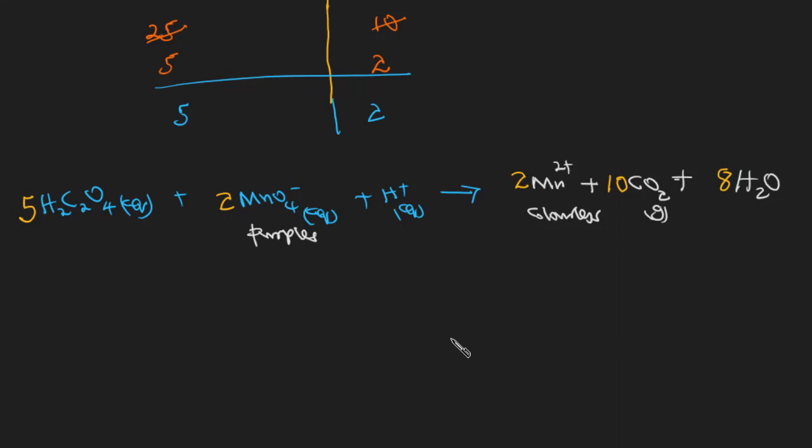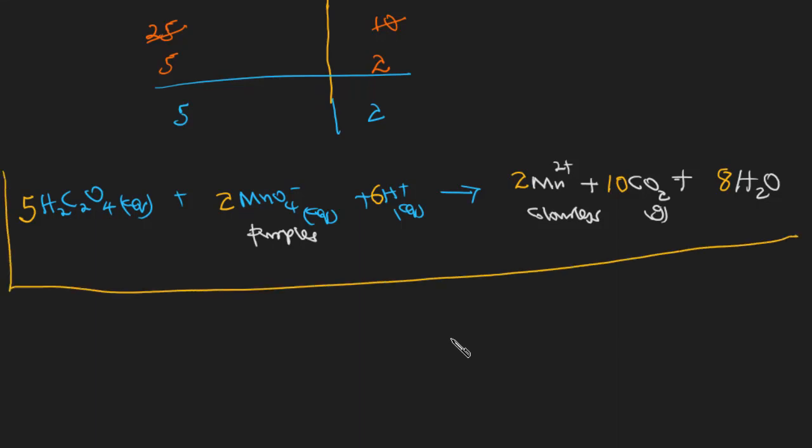There are 16 hydrogens on the right hand side. On the left we have 10, so remaining 6. So we multiply hydrogen ions by 6, and with that we have created a chemical equation.